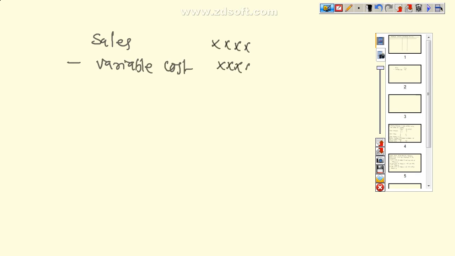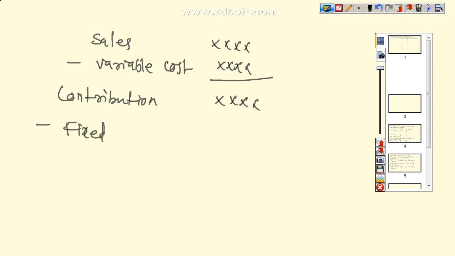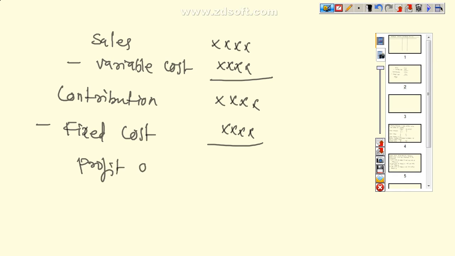So we have to apply the same formula: profit or loss is equal to sales minus variable cost, that we term contribution. After calculating contribution, we have to deduct fixed cost. That answer we term as profit or loss. If the answer is positive, then it is profit. If the answer is negative, then it is loss.